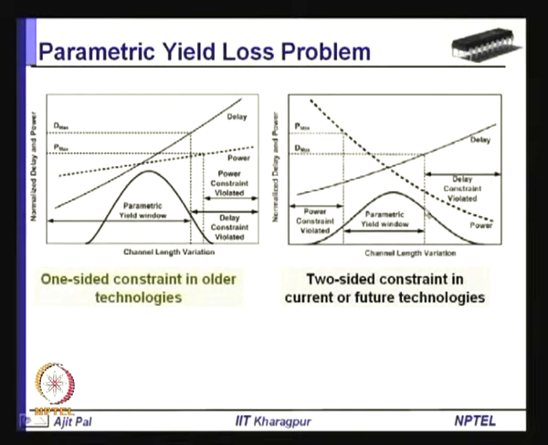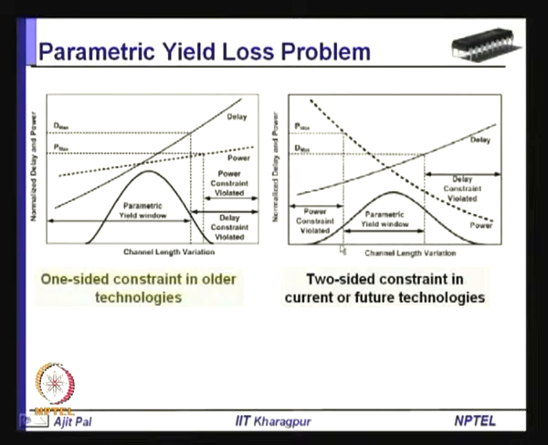Based on performance, you have to discard the dies falling in this range, but there are also dies which will fail because of the power constraint, and this is the range over which the power constraint is violated. The dies within this range ought to be discarded because of larger power dissipation.